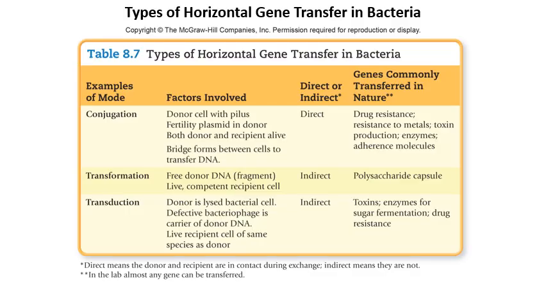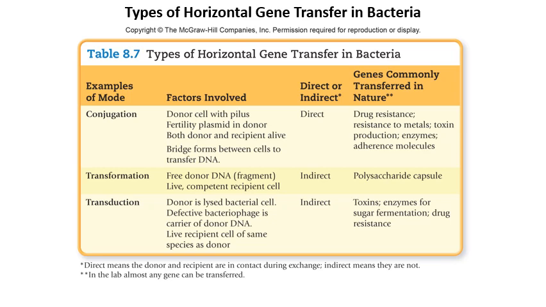All right, so of those three types, the only type that's direct is conjugation. So this conjugation is a direct interaction between two cells that are alive, where one cell is actively transmitting genes to another cell. Transformation is indirect because usually the donor DNA, the DNA that came from whatever donor cell, is dead, and that's why it's naked DNA floating around in the environment.